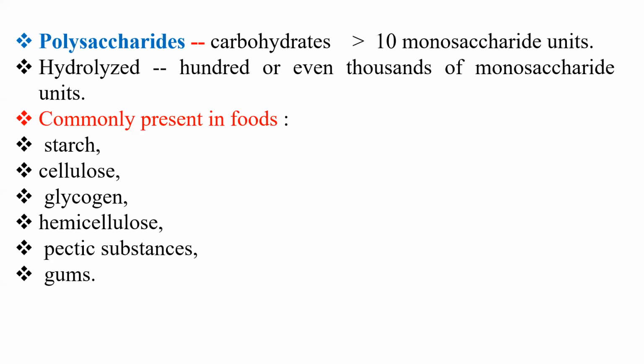When polysaccharides are hydrolyzed, they yield hundreds or even thousands of monosaccharide units, whatever is contained by that particular polysaccharide. Polysaccharides commonly present in foods include starch, cellulose, glycogen, hemicellulose, pectic substances, and gums.